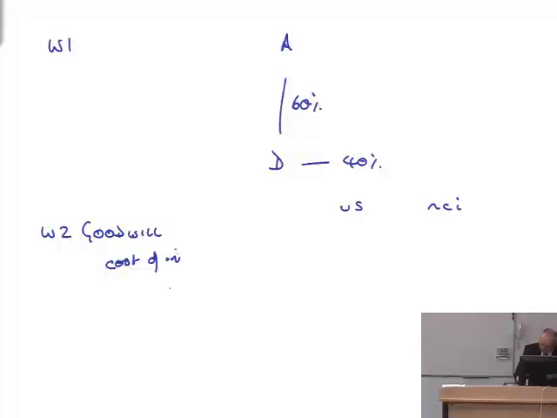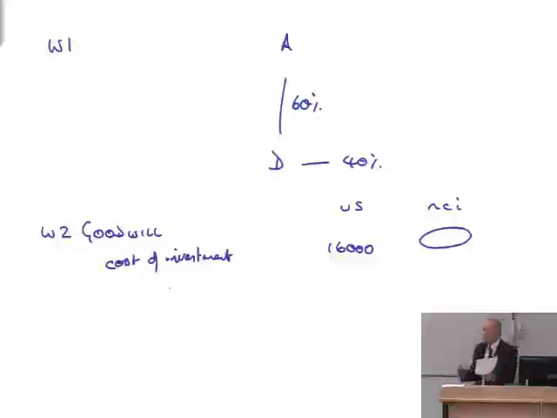Cost of investment, 16,000. That's how much it cost us. The value, this figure here, we don't know. But we're told that the NCI value is proportionate to the value of the net assets at date of acquisition.